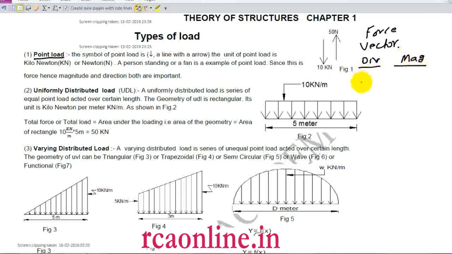Now in our case, direction will be the sign. So sign convention becomes important. Now if you take point load, the point load in 2 dimensions can act in 2 ways, horizontal or vertical. So this is my vertical and this is my horizontal. Now I can have horizontal force in these 2 ways and vertical force in these 2 ways.